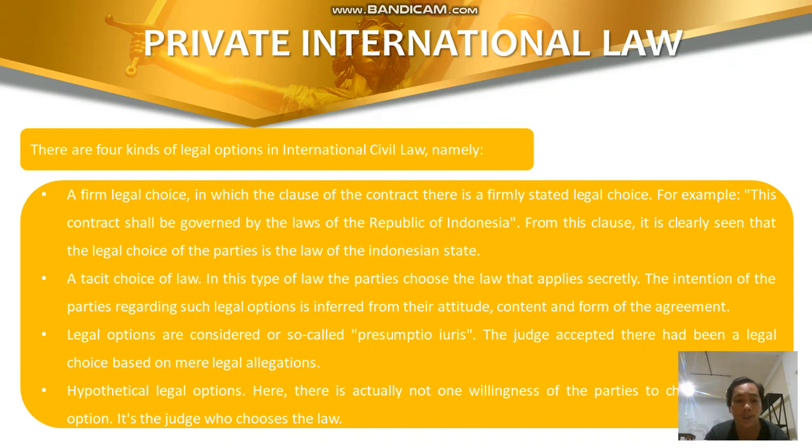Three, legal options that are presumed, so-called praesumptio juris. The judge determines the legal choice based on mere legal allegation. And four, hypothetical legal option. Here there is actually no choice made by the parties, so the judge chooses the law.